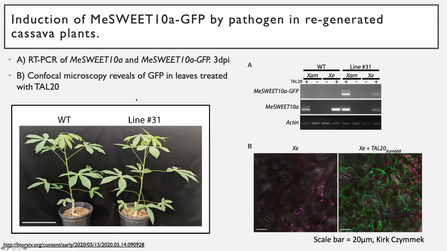The really exciting thing came when we actually were able to regenerate cassava plants from those few initial cells, and then, using RT-PCR and confocal microscopy, demonstrate that we had in fact functionally tagged Me-sweet10A in its genomic context, and that after inoculation with the pathogen, we were able to see expression in planta.